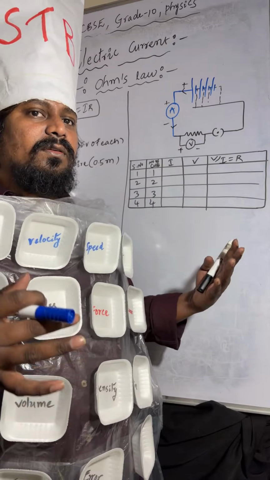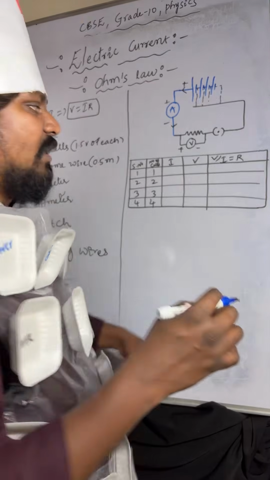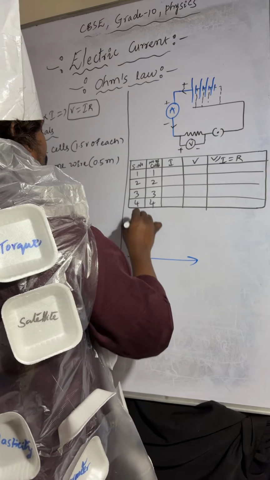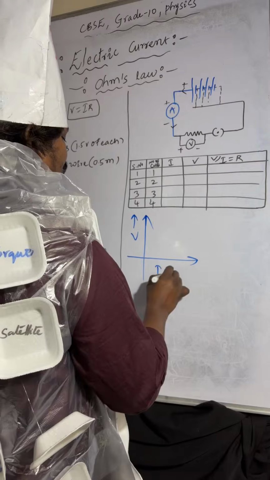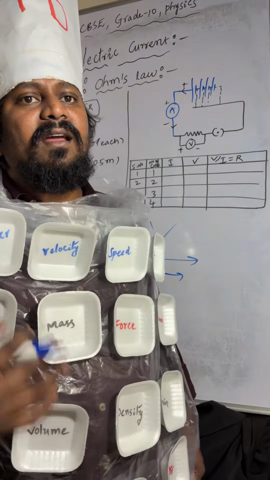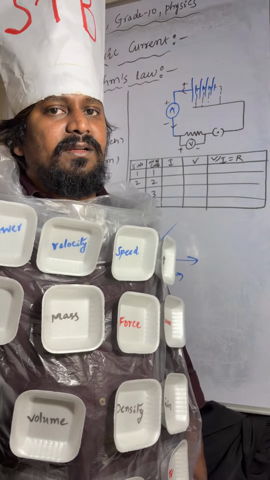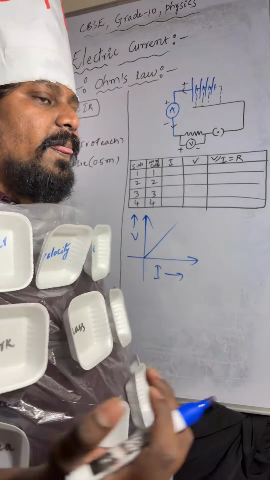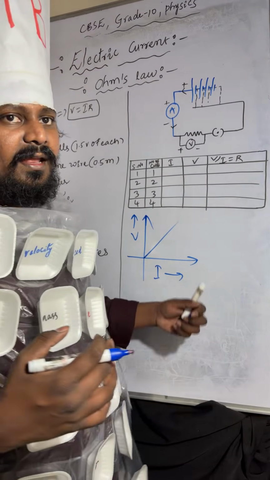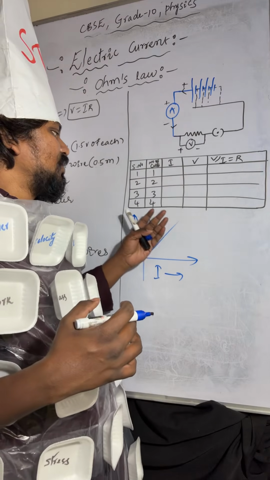Now if you draw the VI graph, V on the y axis, I on the x axis, the graph is a straight line starting from the origin. What does it mean?